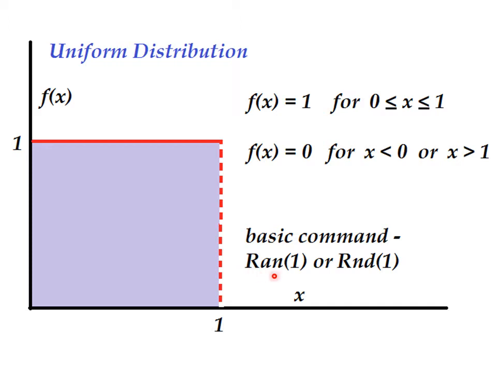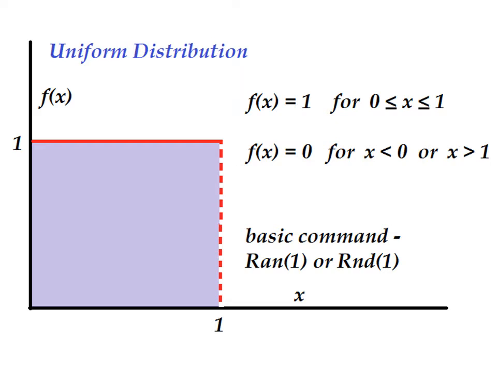I don't remember if it's RAN or RND for the Texas Instruments, but you can find that out in your command section of your Texas Instrument graphing and programmable calculator. But be that as it may, these commands generate random variables between 0 and 1, with a uniform distribution, which means that every random variable is just as likely to occur as another one.